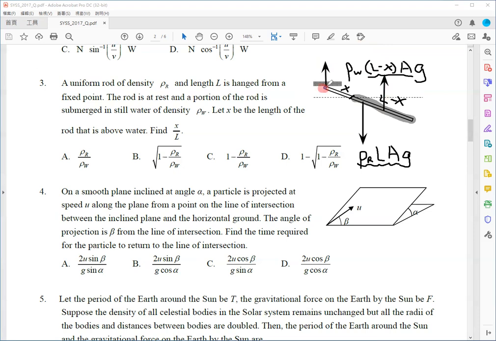And then if you take the moment at this point, then okay, so you don't have the length, but let's say you let this angle be theta. Then the moment of the weight times the perpendicular distance, so that is alpha 2 cosine theta, should equal the moment of the buoyancy.